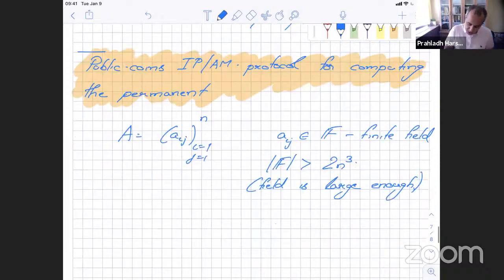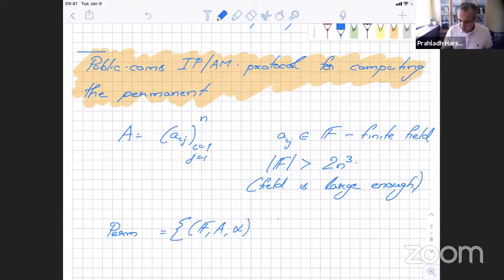And the language which I want to compute is this: permanent. I give you the field F, I give you n, I give you A, and I give you alpha.